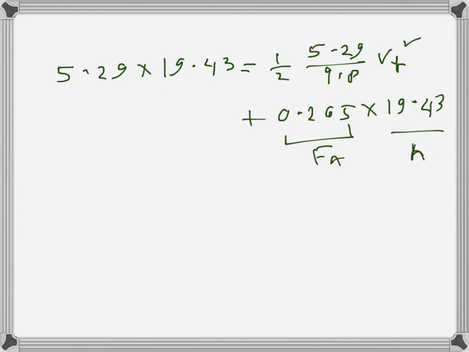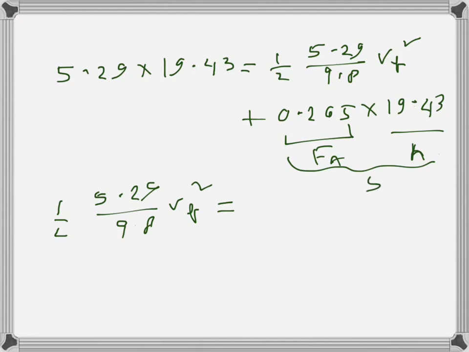So that's there. Now once I rearrange, what I got there is I have written this one like that: 5.29 over 9.8 Vf square equals to, that one became 5.15, and when that is taken on the other side, what I got finally is 97.63.